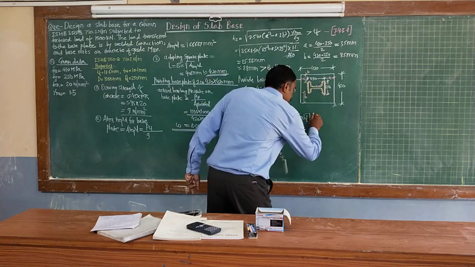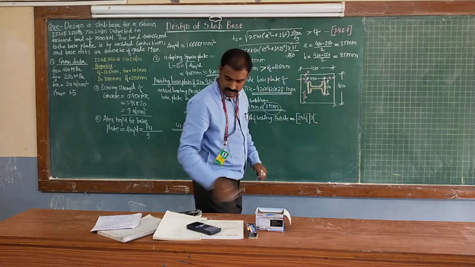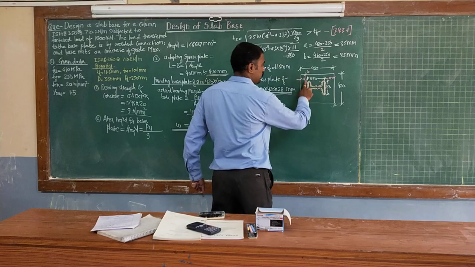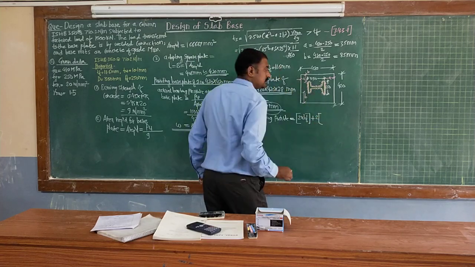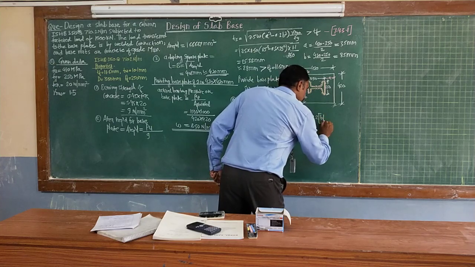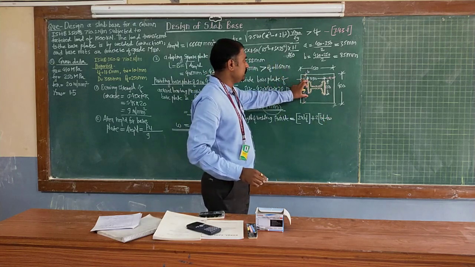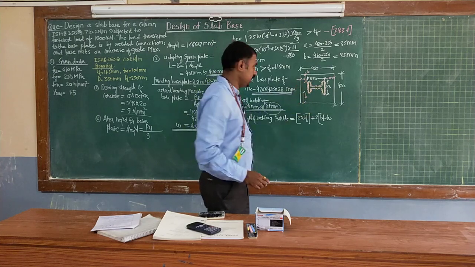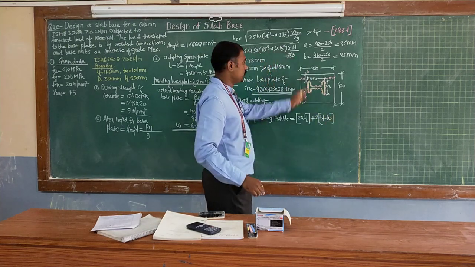Correct? So that will be 2 into bracket, sorry, it is plus initially because you have to add all the lengths. So first is from the outer side, then plus 2 into bracket BF minus thickness of web. Correct? This is total BF minus thickness of web, that will be the total length that can be provided from the inner side.